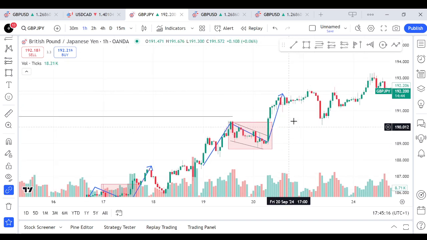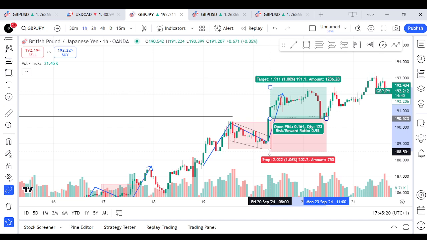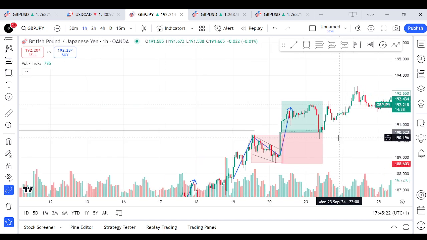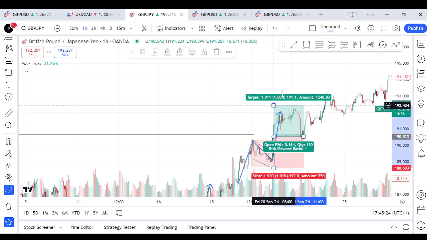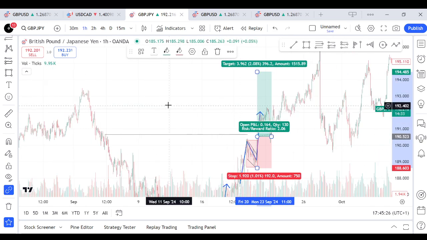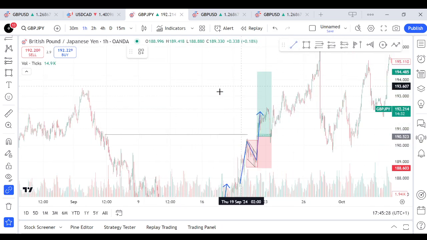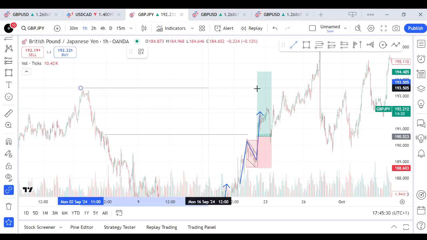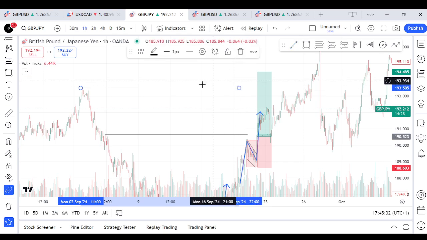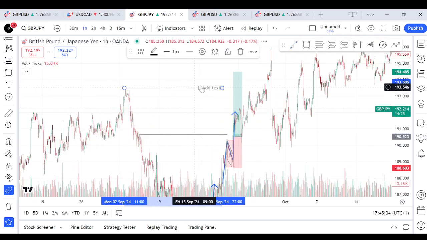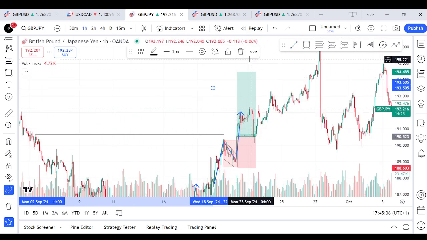We closed above it, and this is the buy, with the stop loss below the low of the base, and take profit levels could be higher at core resistance levels like this one, or any one you want to.